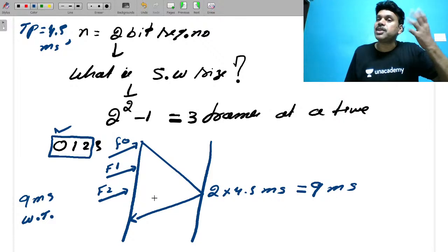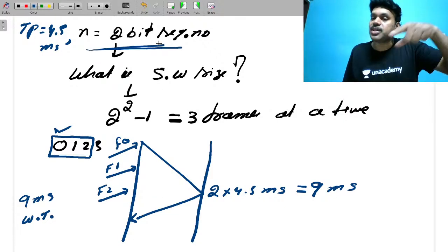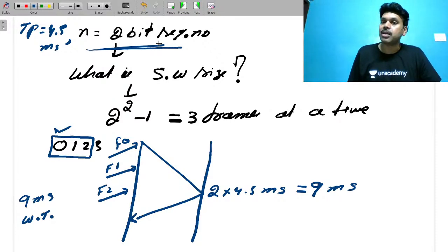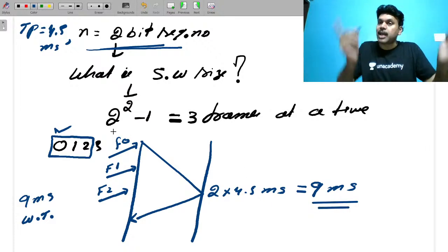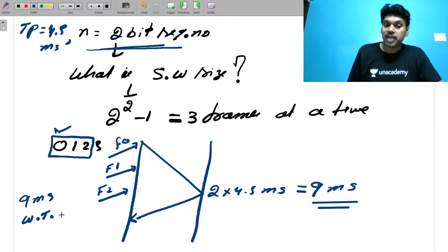Because your capability is only 3 frames according to this restriction. Because n bit value is restricted, you cannot send 10 frames like the previous example. So during this 9 ms and the first 1 ms, during 10 ms of time, I have pushed only 3 frames. Therefore, it is not completely free from waiting time.